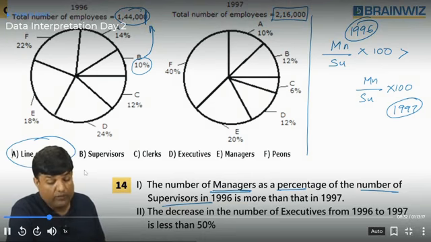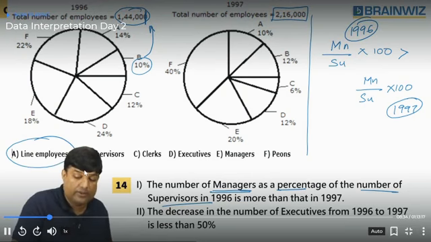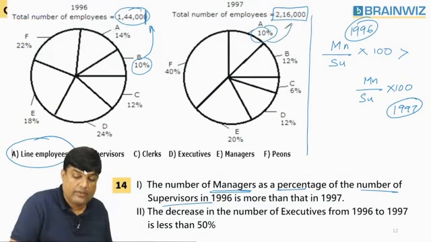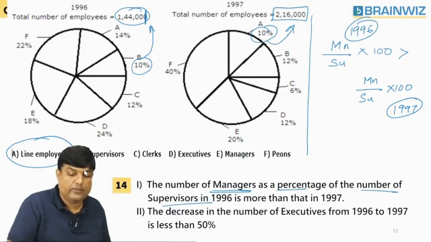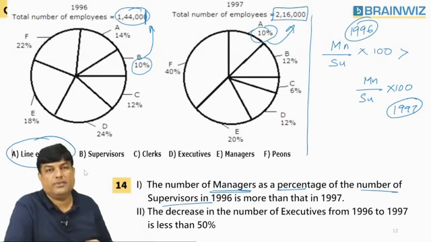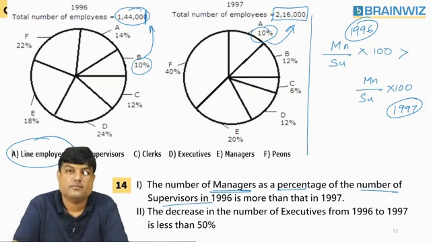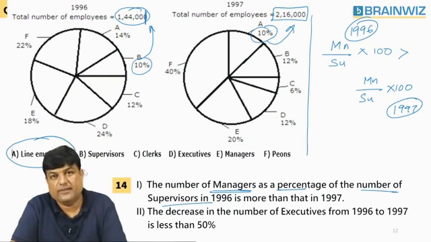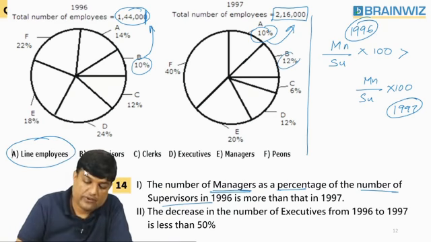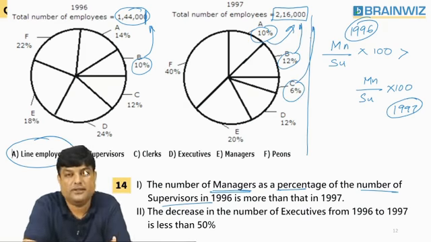We want the number of line managers. Line managers are 10% of this thing. Guys, what is 10% of 2,16,000? It's very simple. 21,600. So these are the percentages which you are supposed to calculate on this thing.